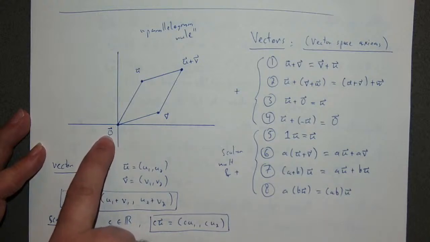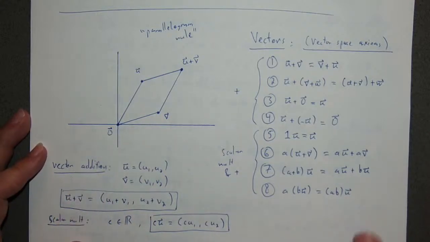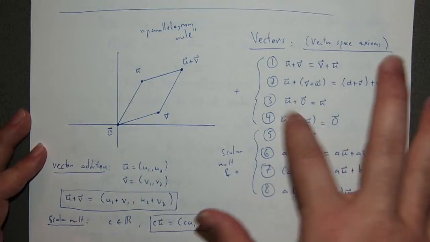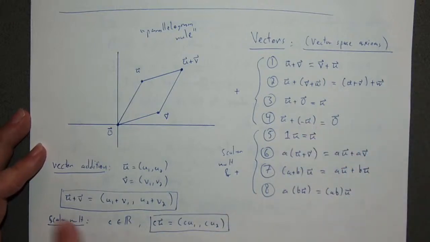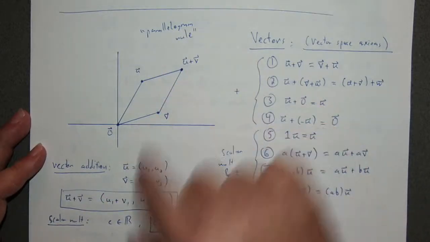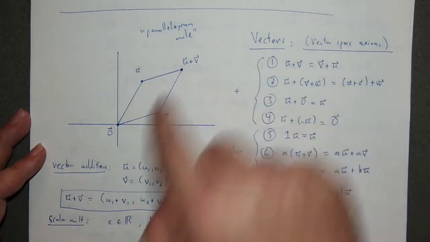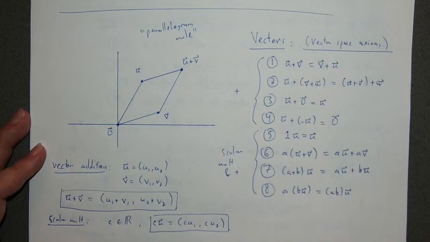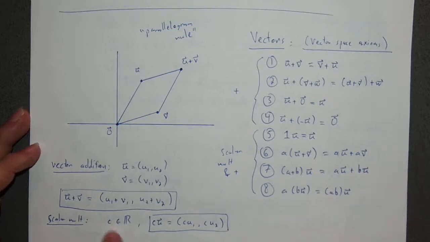I'm using this zero vector notation, so I'll talk about that again in a second. And so that's our notion of vector addition. It's the usual one, and geometrically, this is determined as this missing fourth vertex in the following parallelogram, this one here.